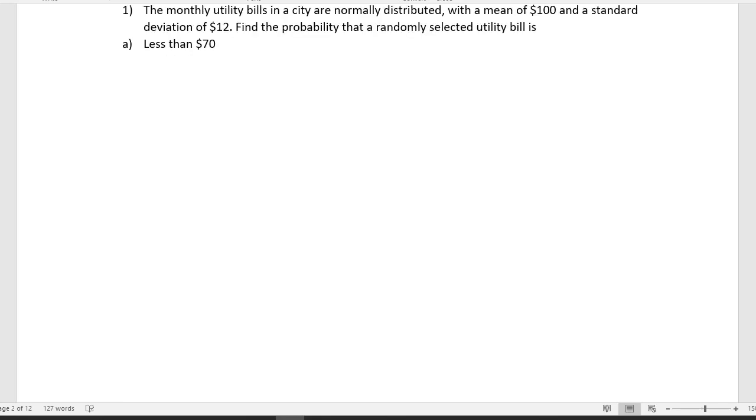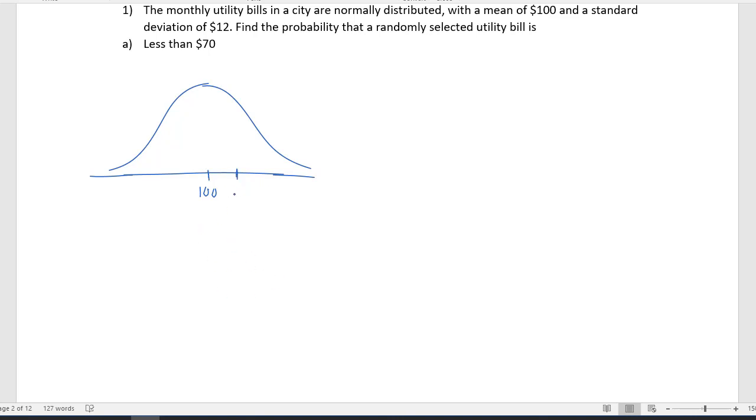Alright, so I paused the video real quick and I wanted to put a little bit of space between these so I had some room to do some work. So for letter A, we want to find the probability that the randomly selected utility bill is less than $70. I'm a visual learner, so I'm going to sketch a rough graph of a normal distribution. If I'm plotting the raw data, my mean was 100 and my standard deviation was 12.